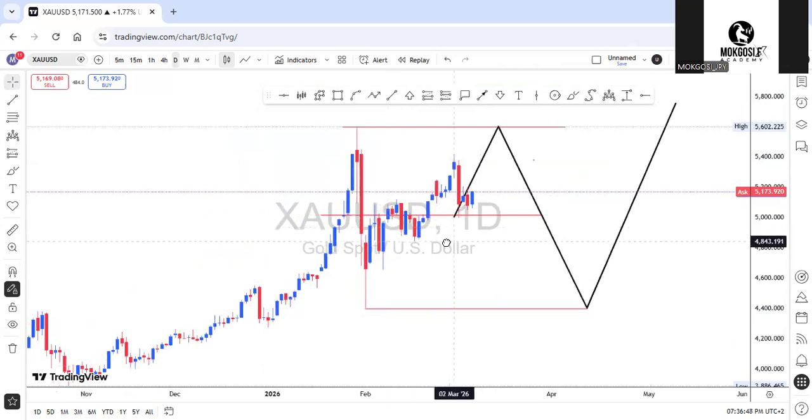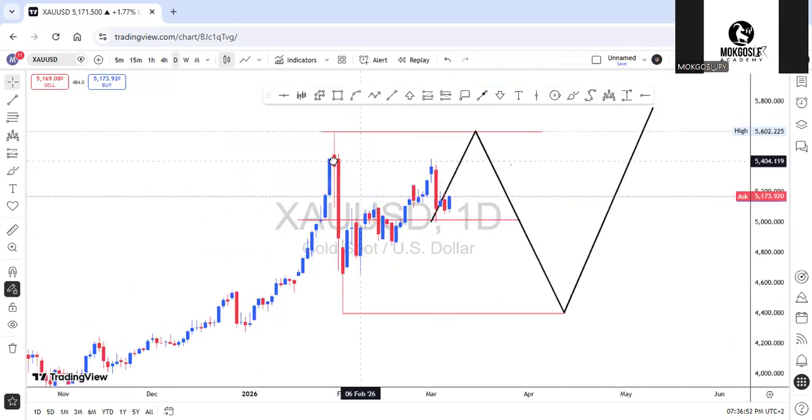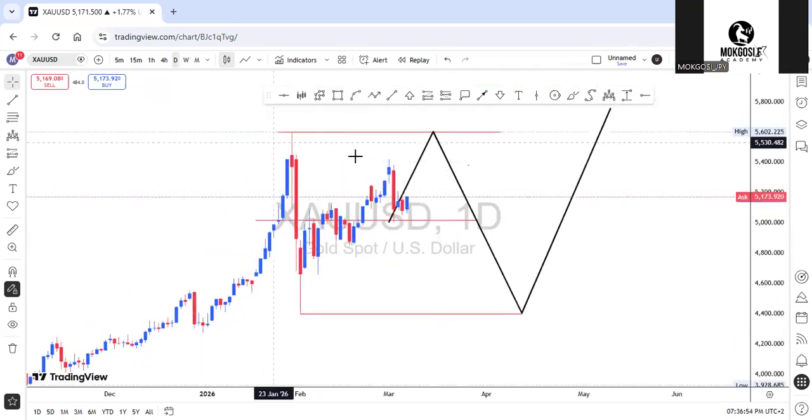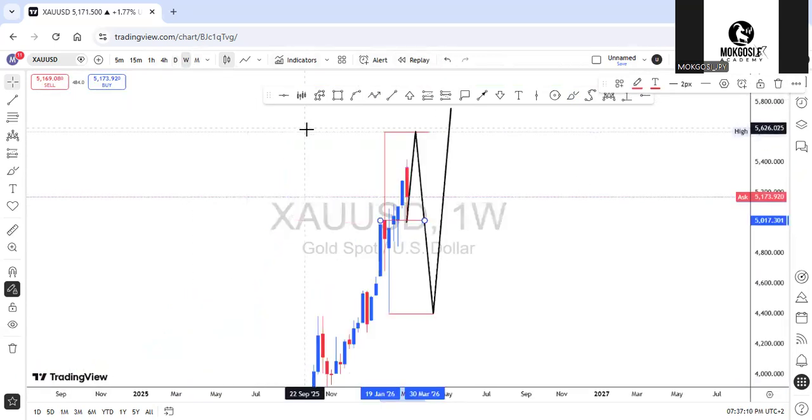So I'll adjust the trend line again. As we are in the daily time frame currently, I will adjust the trend line to this level here, because remember, in the monthly while we are in the weekly time frame, let me make it clear.